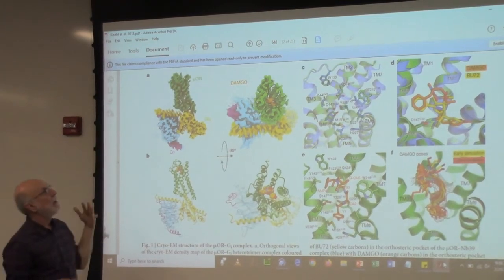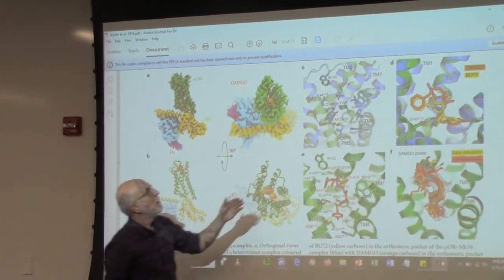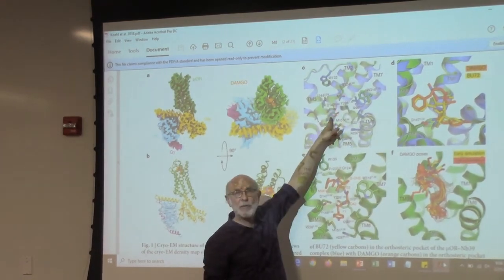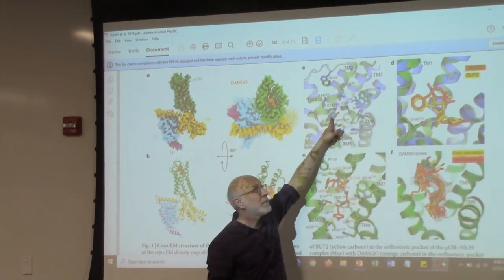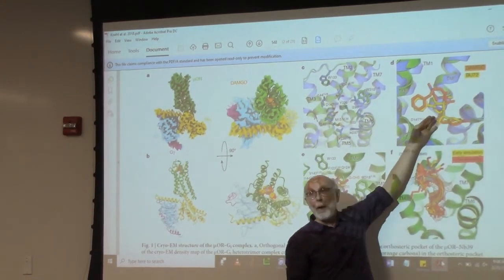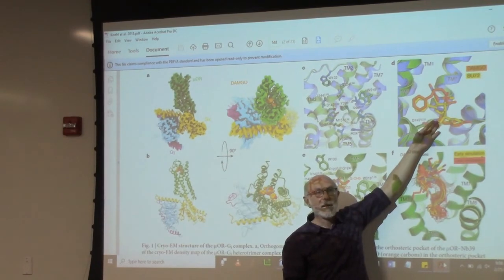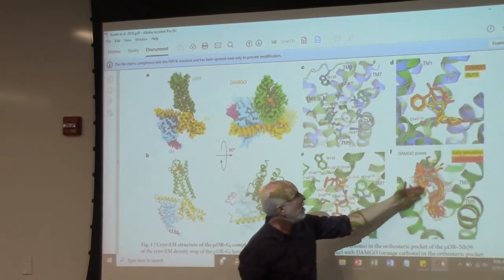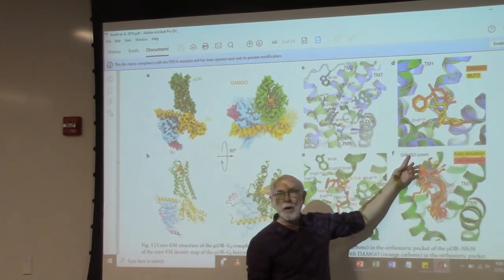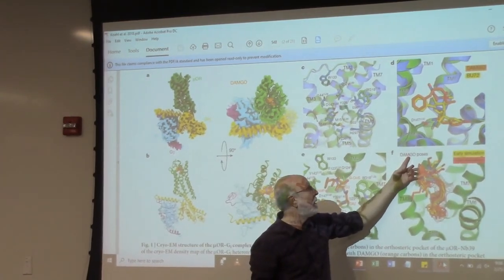And you can see, this paper was all about this illustration. Here are some of the key residues that define the binding pocket. Here are different opioids sitting in the binding pocket. Here are different conformations of one of the opioids. DAMGO is an experimental opioid.